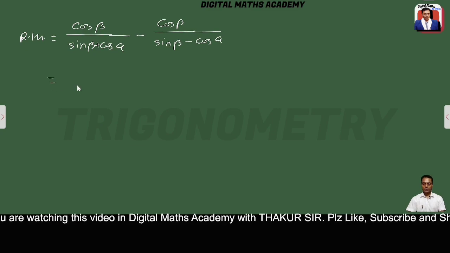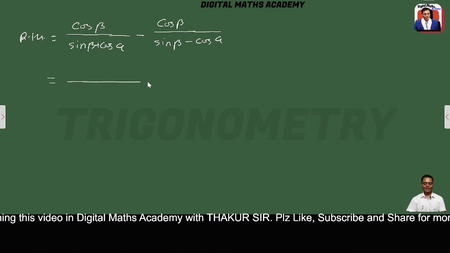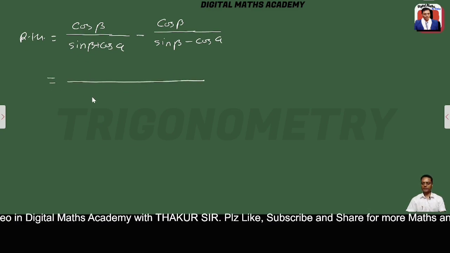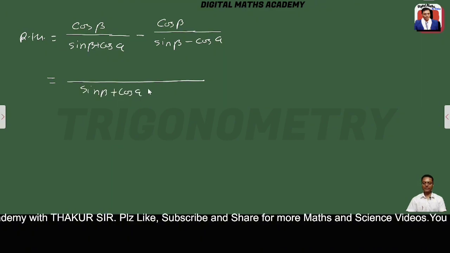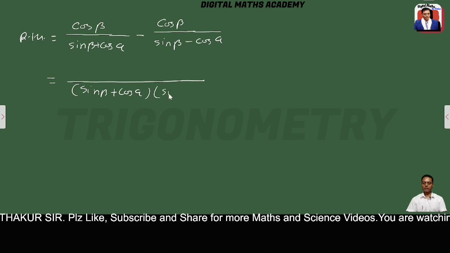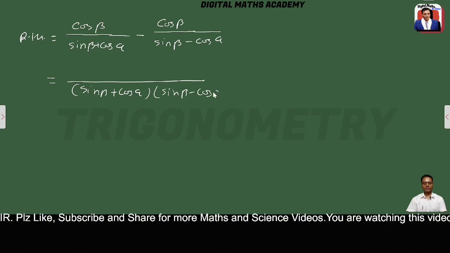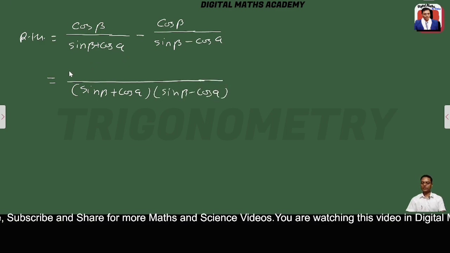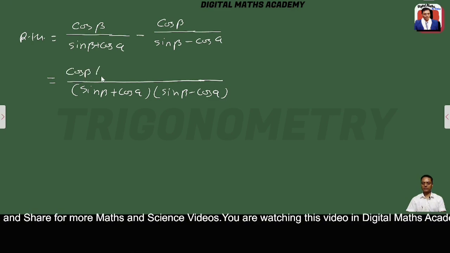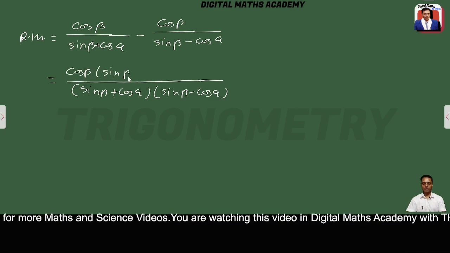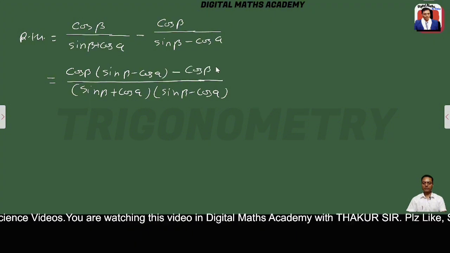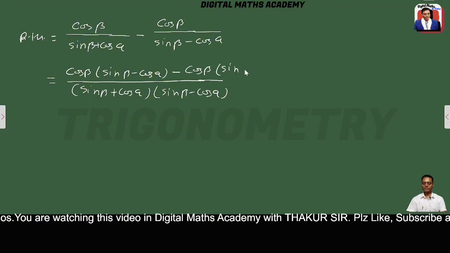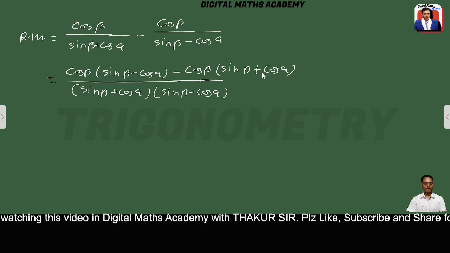Now we have the right hand side, and for the right hand side we can take the LCM, right? So here sin beta plus cos alpha and sin beta minus cos alpha. As you can take LCM, then we will have cos beta times sin beta minus cos alpha, and here is minus, then cos beta, we can write here sin beta plus cos alpha.